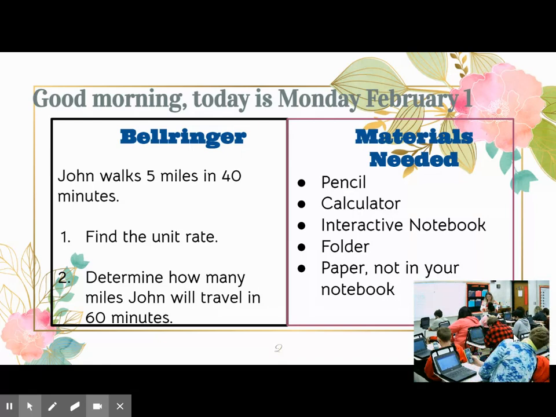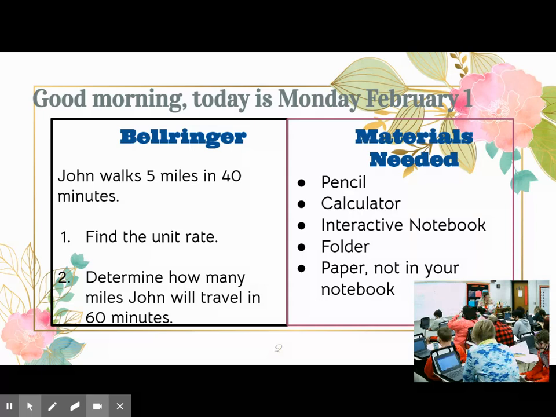You need to show your work. Where you show your work, you show that they're equivalent, you need to show that.